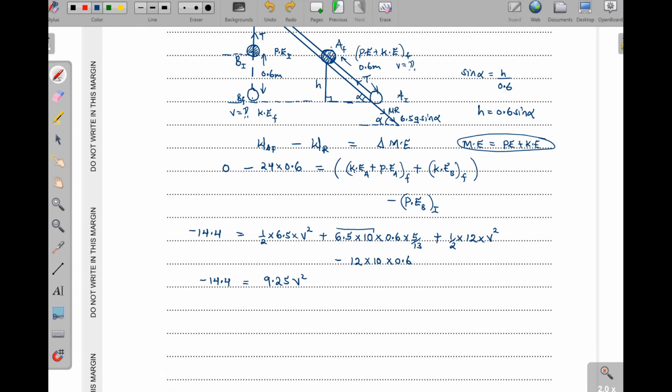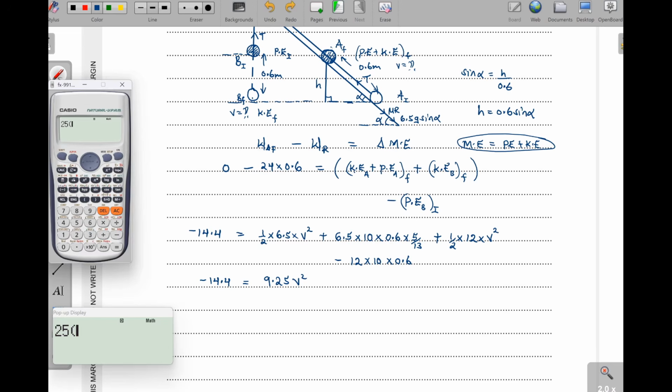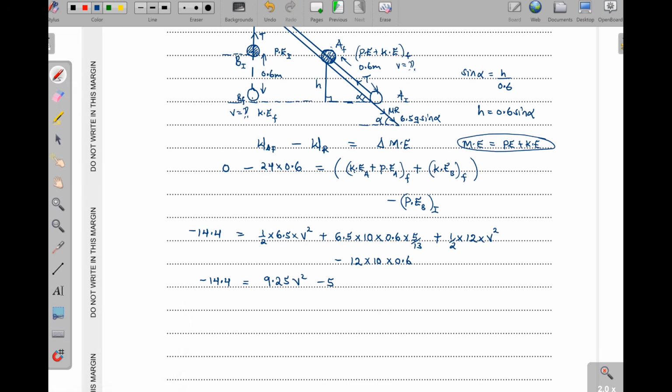First of all, this one is 65, 13 goes in here 5 times, okay? So we have 25 times 0.6, then minus 120 into 0.6. Okay, so that's a negative 57, minus 57. So take this on this side.